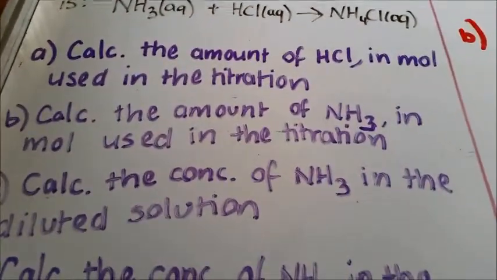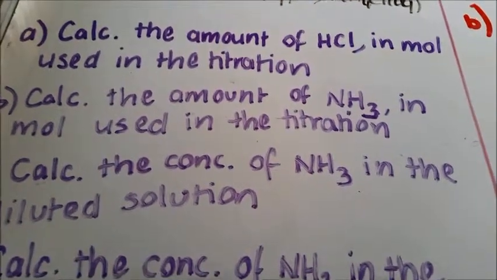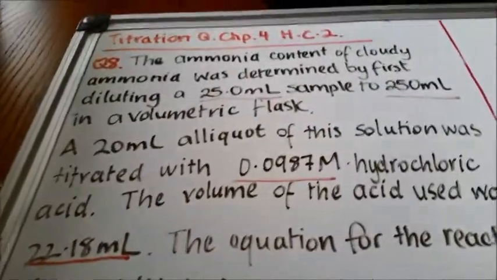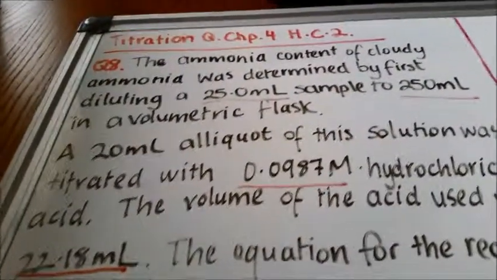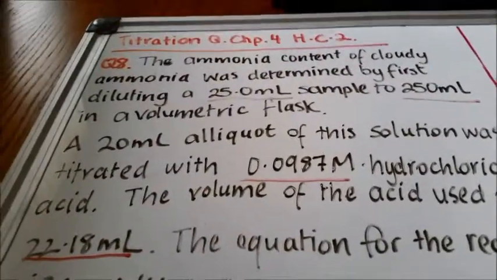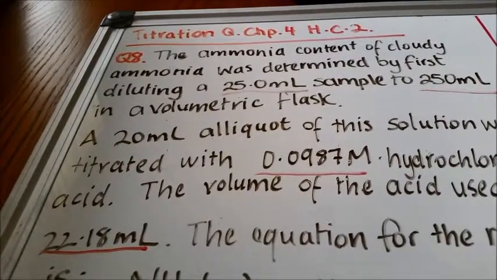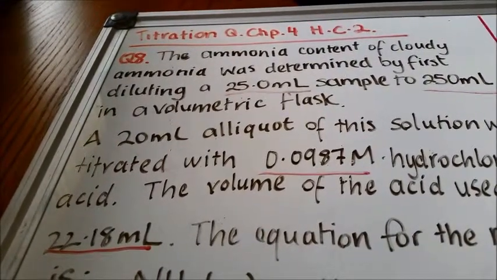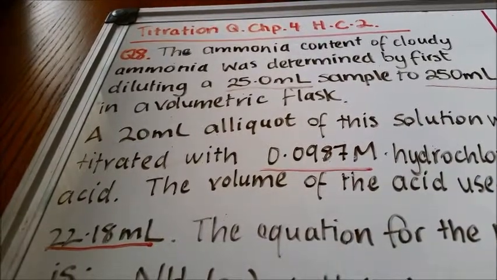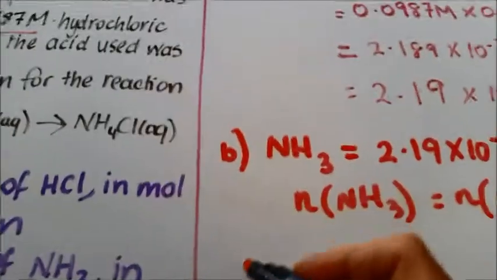Question C is asking us to calculate the concentration of NH3 in the diluted solution. So this is the solution that we talked about initially up here when we wanted to dilute this 25 ml to 250 ml. So our final volume that we're dealing with is going to be 250 mL. So to calculate the concentration of NH3 in the diluted solution, we simply take our amount of mole. Let's write C here.